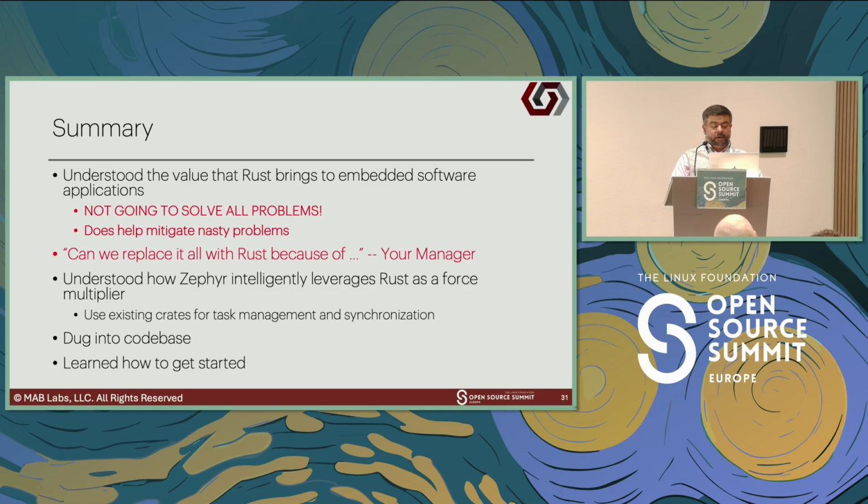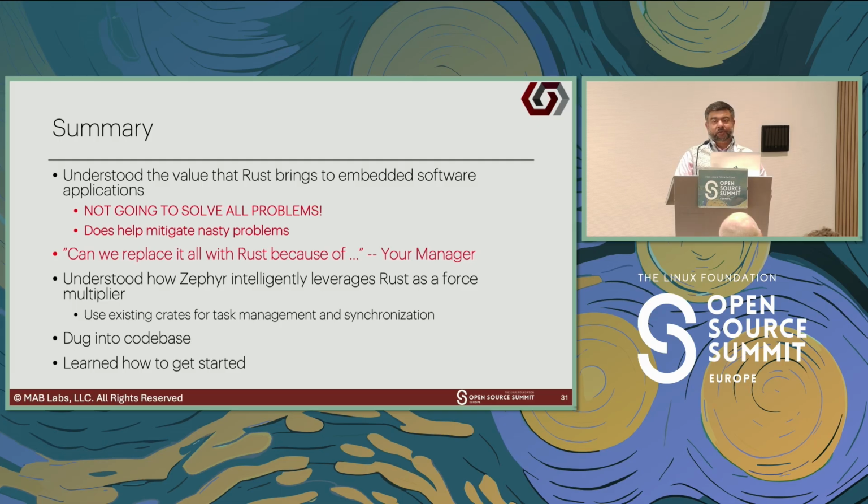And then, we understood how Zephyr intelligently leverages Rust as a force multiplier. Like I said, Rust has a lot of features that have been implemented for embedded applications in addition to non-embedded applications. It's an interesting challenge because there's a lot of overlap between what Zephyr offers and what Rust offers.